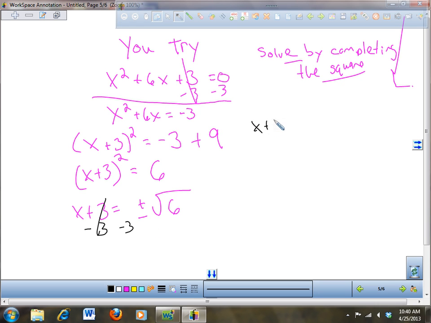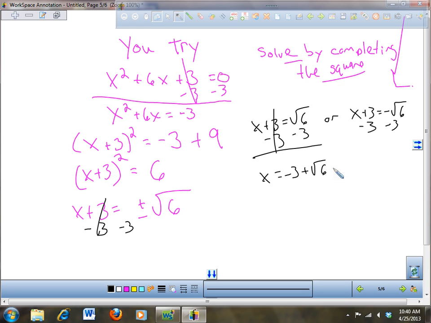X plus 3 equals positive root of 6, or x plus 3 equals negative root of 6. Subtract 3 from each. So this gives me x equals negative 3 plus square root of 6, and x equals negative 3 minus the square root of 6. And that's how you do those two.